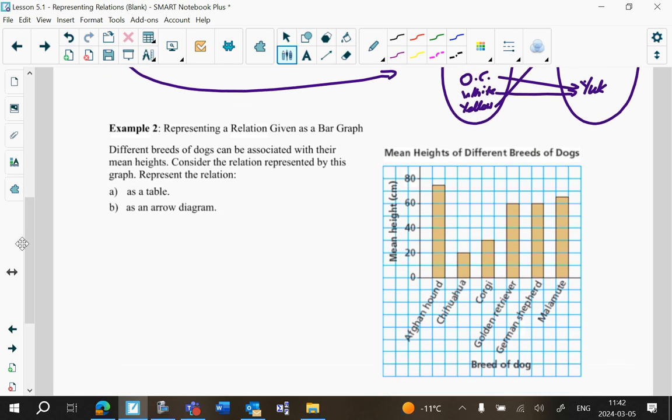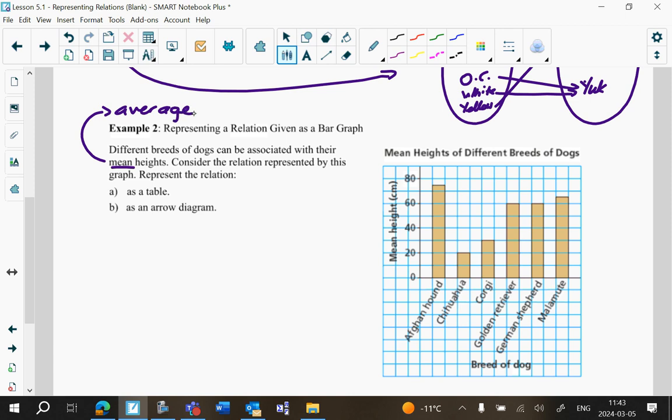What's the relation? The dog breed is associated with their mean heights. You know what that means? There's another word for that you know. Average.